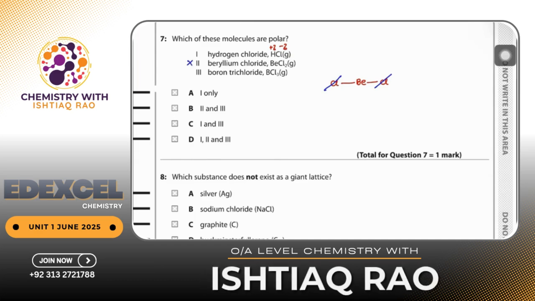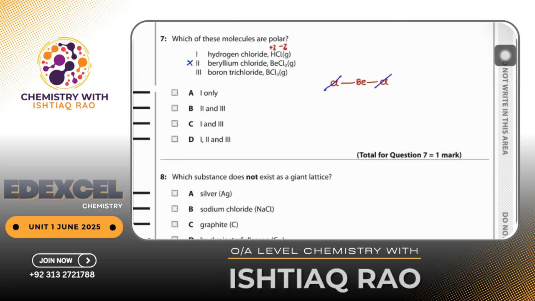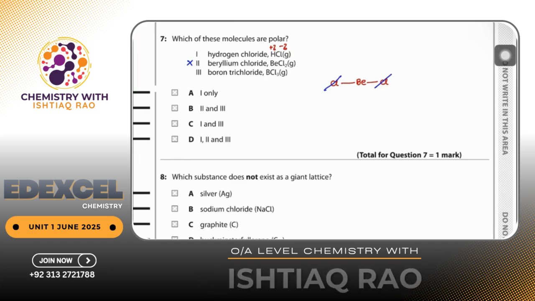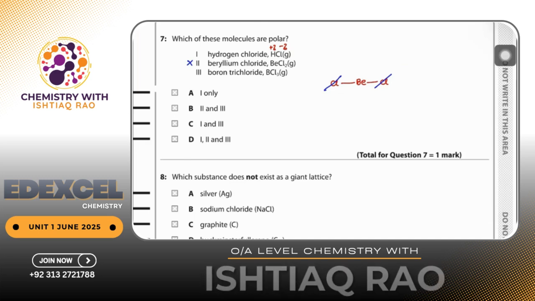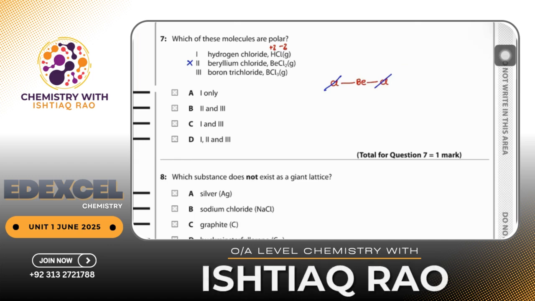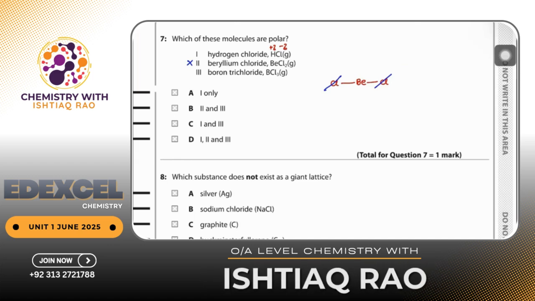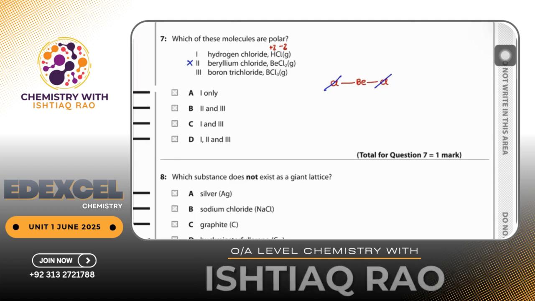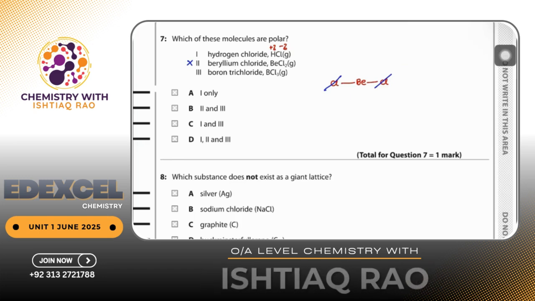It's a very important concept. Most of the students think that, sir, you told us that if we have different elements, we say the compound is polar, and if we have the same element, the compound is non-polar. But you need to know the given structure, because a lot of things depend on the polarity, not only one thing. So let's say, what about carbon dioxide?